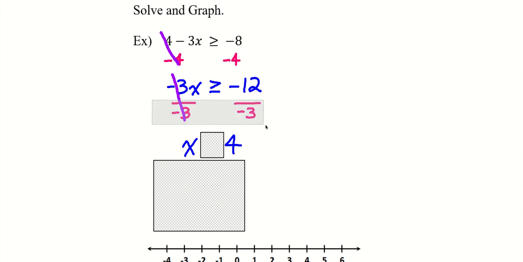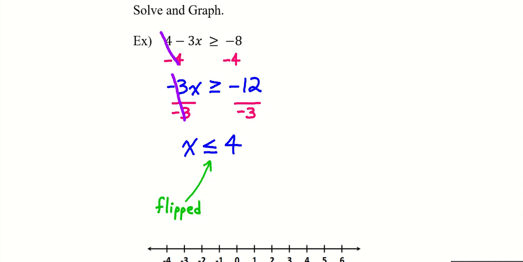But whenever it's a negative number you're dividing by on both sides, you have to reverse the symbol. So I had to flip that. So the final answer is anything that's less than or equal to 4. It's or equal to 4, so I'm coloring that in. But the proper graph is going to be shading to the left.